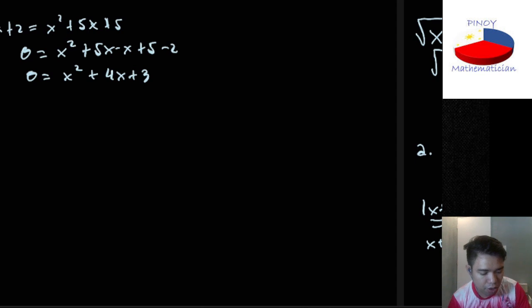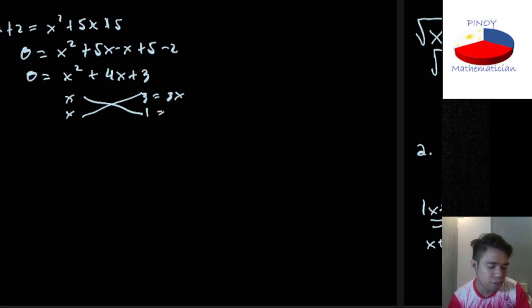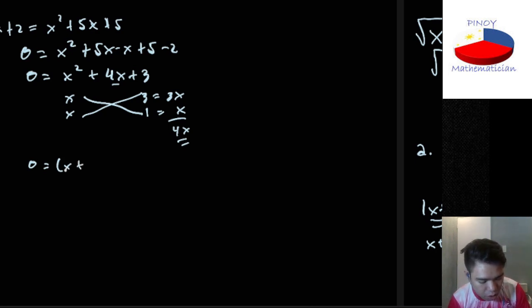We can factor this: x and x, 3 and 1. If we cross multiply, that will be 3x and 1x, which is the same as the middle term. So the factored form is 0 equals x plus 3 times x plus 1.